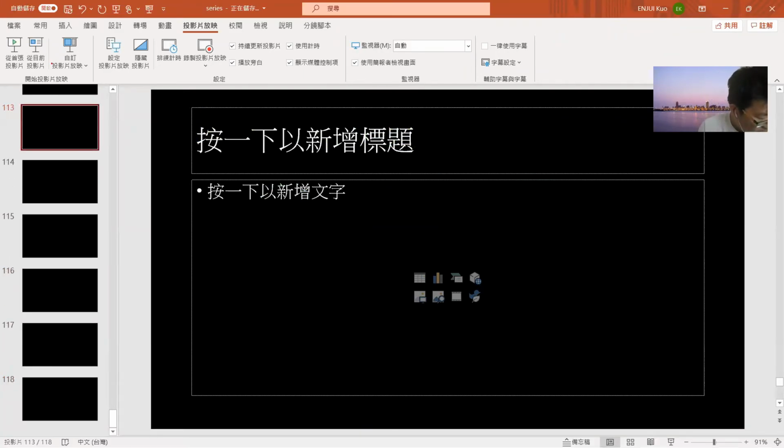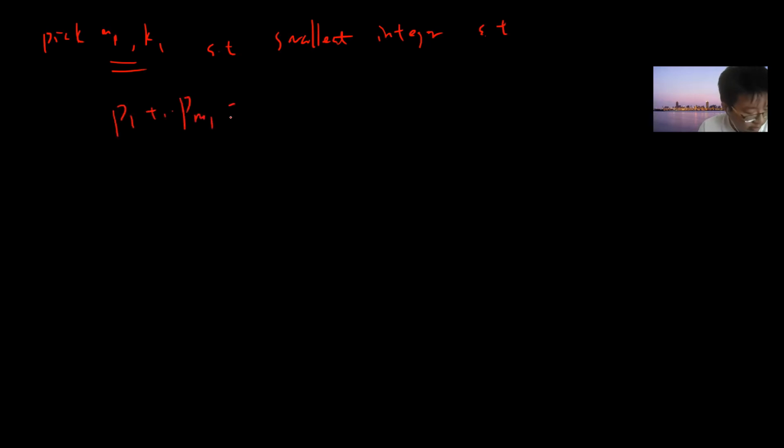Okay, so let's see. I pick M1 and K1 to be the smallest integers such that P1 up to Pm1 is greater than beta 1. Notice that this series diverges, so I can always make it greater than beta 1 because the terms are all positive.